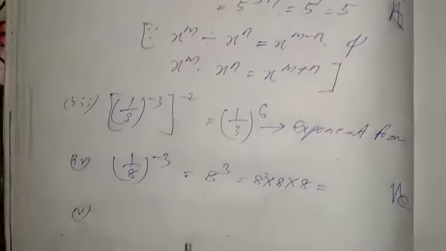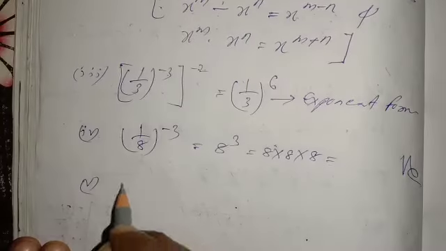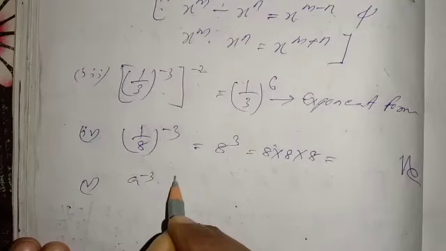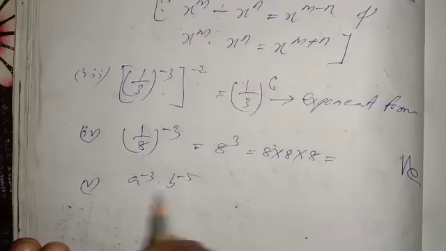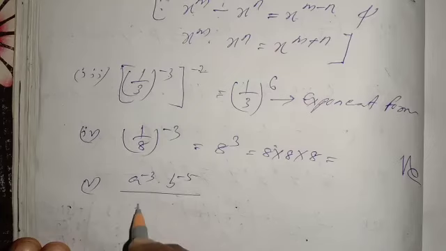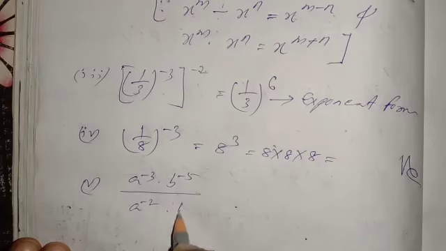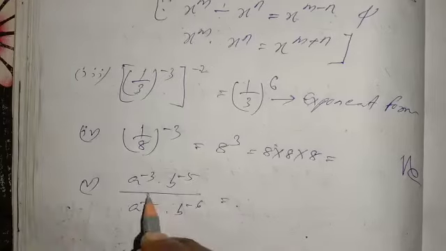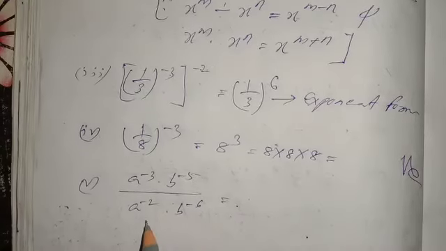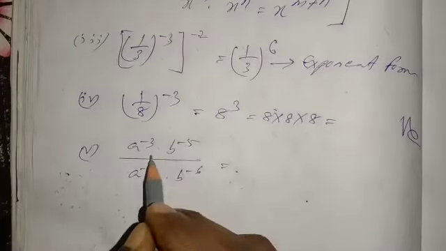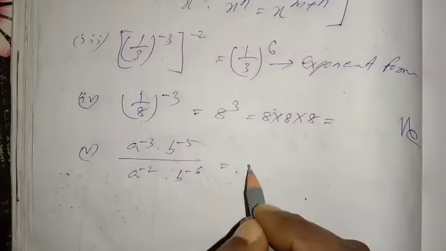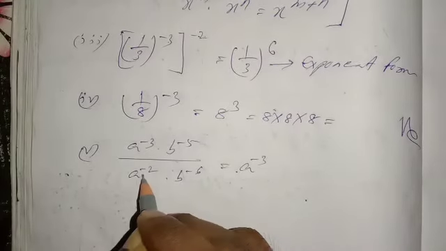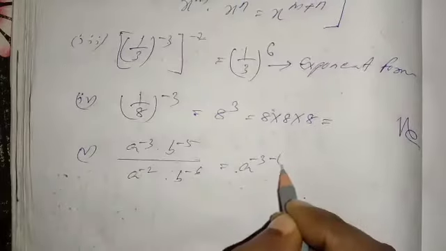Next, the fifth part. The fifth part question is given as a^-3 b^-5 divided by a^-2 b^-6. Do one thing here. For a^-3 you can divide, the power is subtracted, minus of -2.